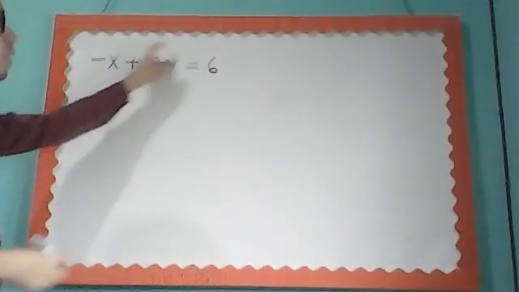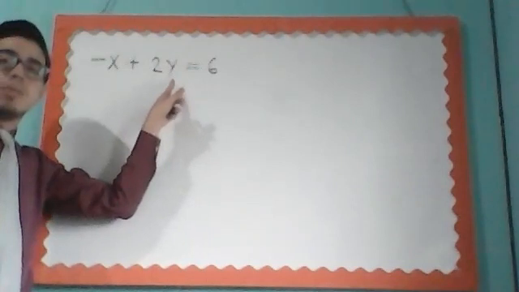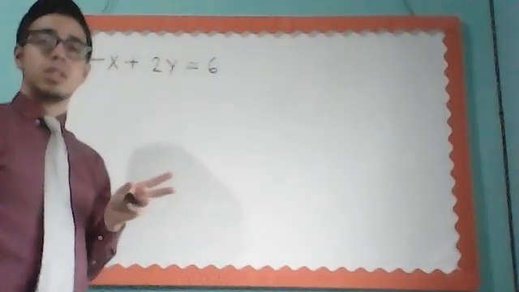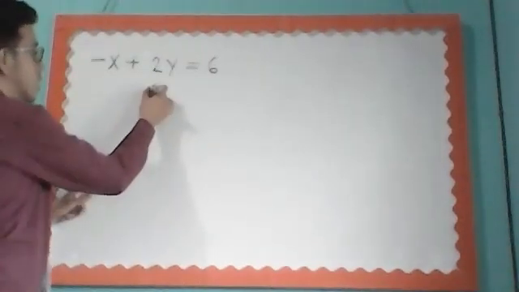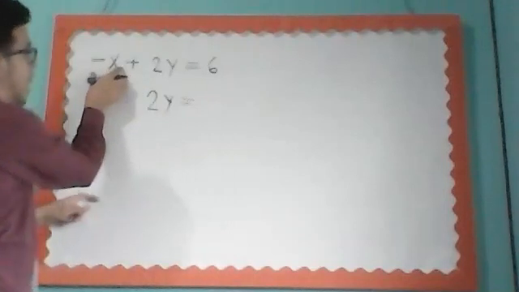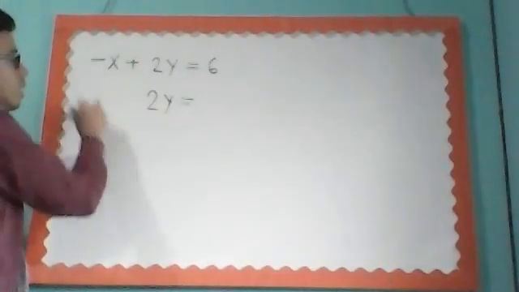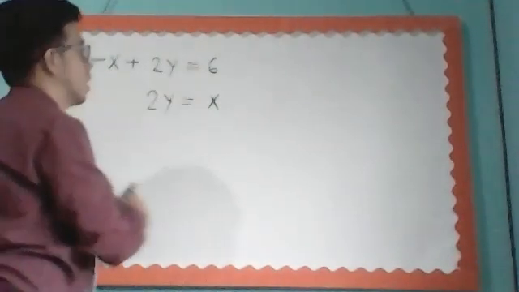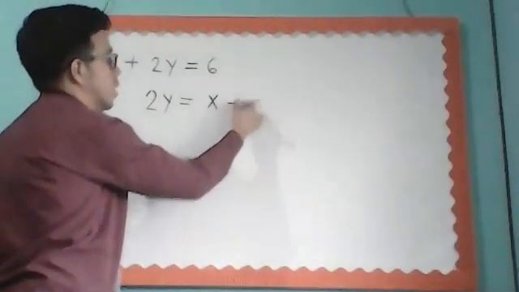We need to find the value for the variable y. So 2 times y equals, you pass the x to the other side, it's negative, so you pass it positive, x plus 6.